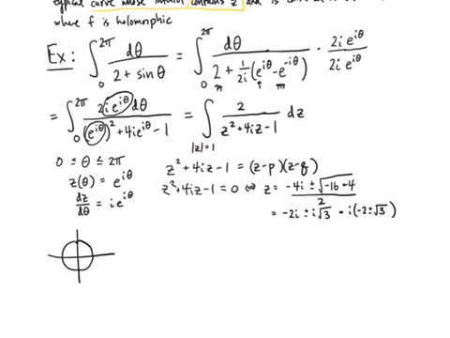So there's our unit circle, and our two points. There's negative i, negative 2i, and then even further down somewhere is going to be i times negative 2 minus root 3.